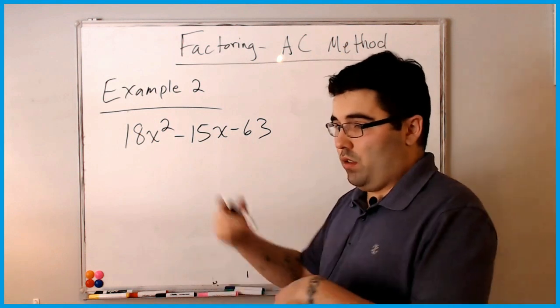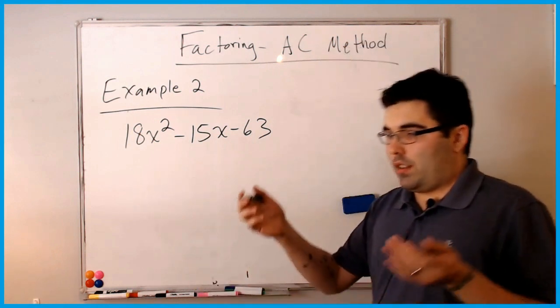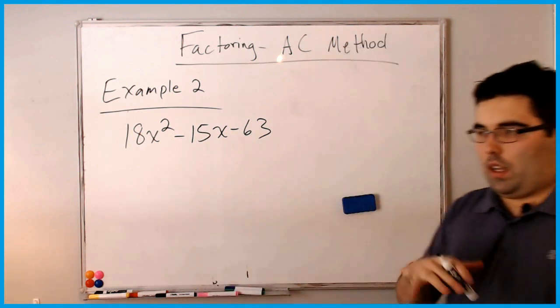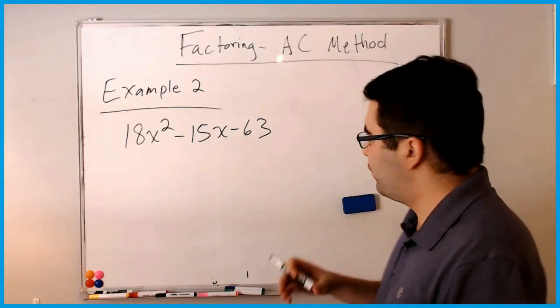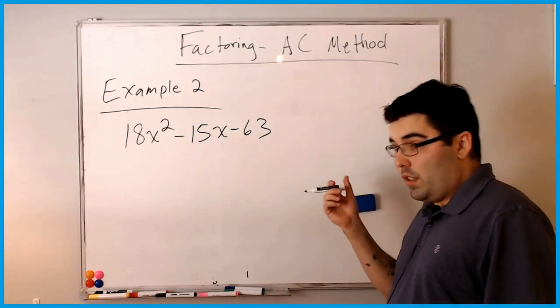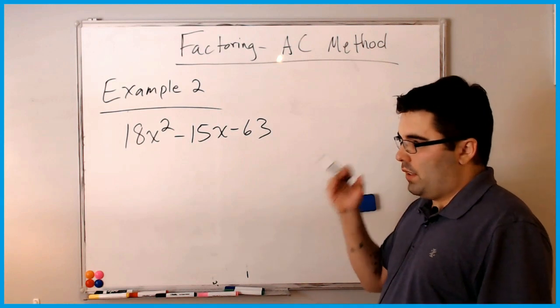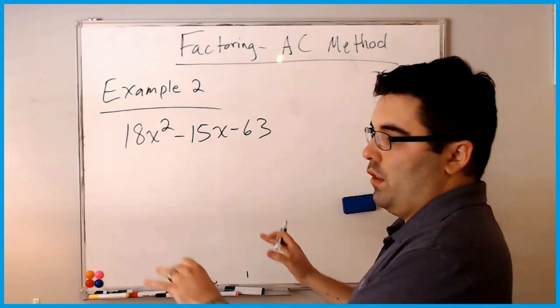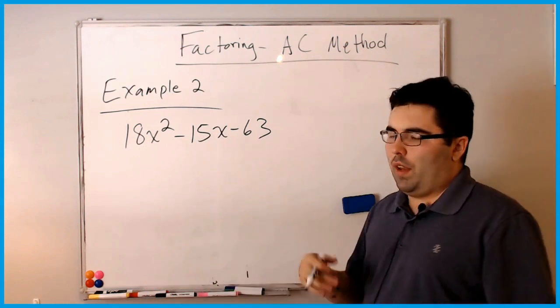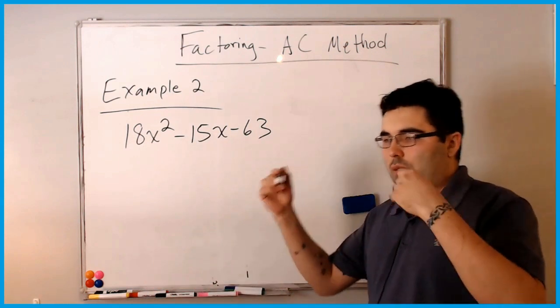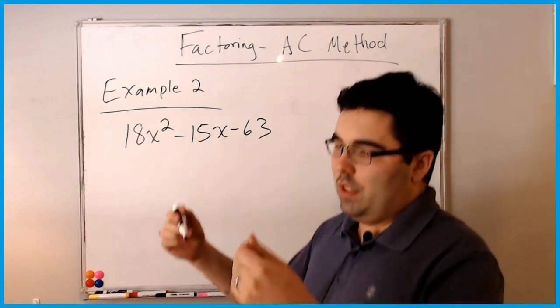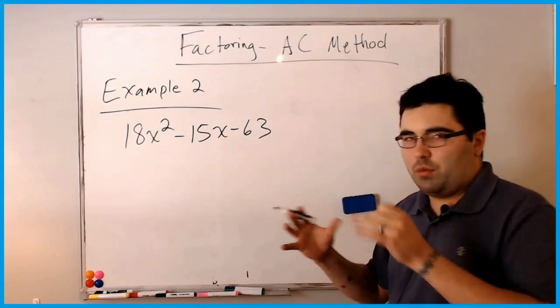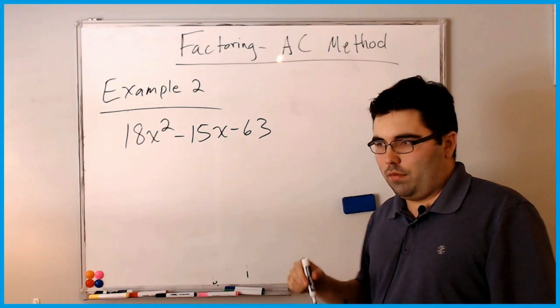Like even on the problem I showed you in example 1, had there been a greatest common factor at the very beginning, we could have factored it out, but there wasn't. But if there is, you should do that, because basically when you take the greatest common factor out, what's left behind is just easier to do because you have smaller numbers. So when you have to do the whole A times C, what numbers multiply to give me this and add to give me this, you're working with smaller numbers, so you're more likely to find your answer.